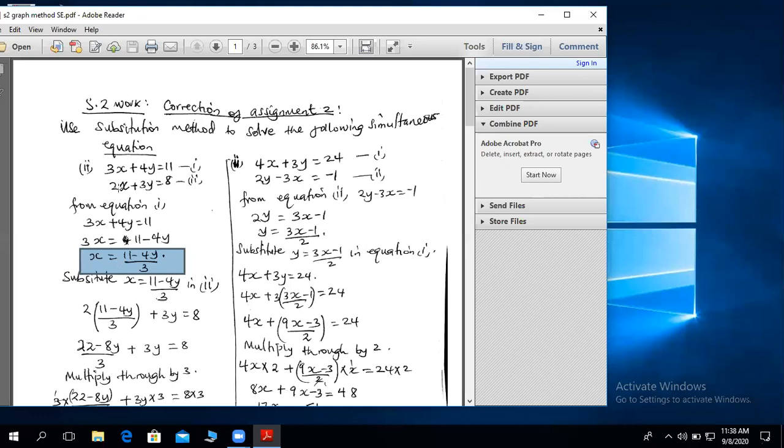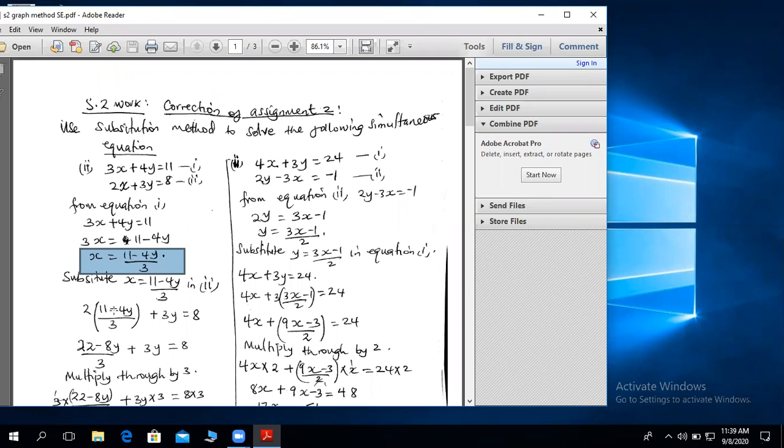So where there is x, I'm going to put the value of x, which is 11 minus 4y. So I'll have 2 into 11 minus 4y divided by 3 plus 3y, and it is equal to 8. So what do I have to do? You will use the real mathematics of fractions now to get the value of y.